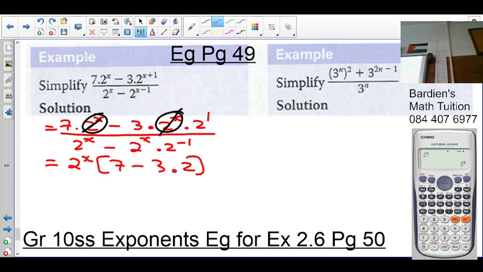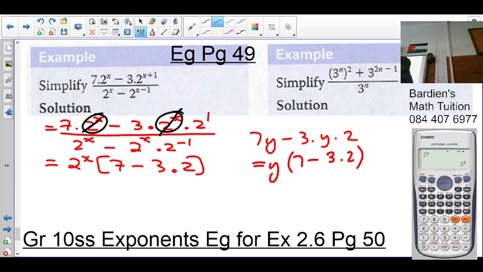Okay, listen. If this was a y, if it's 7y minus 3 times y times 2, take out the common factor, what would you have? Y times 7 minus the same.